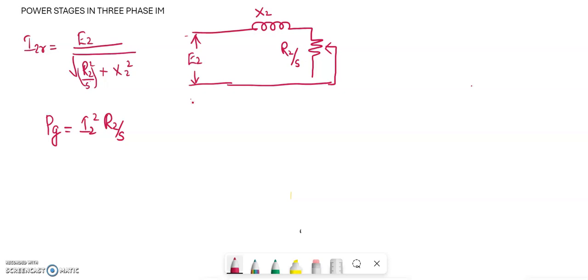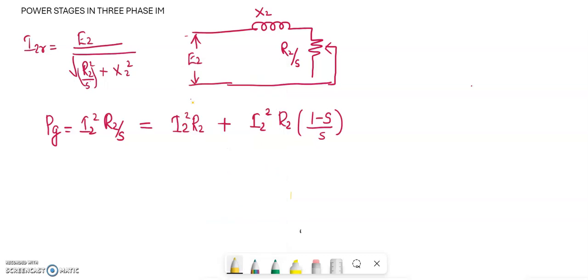So the AC power is I2 square into R2 by S, which can be rewritten as I2 square R2 plus I2 square R2 into (1 minus S) by S.